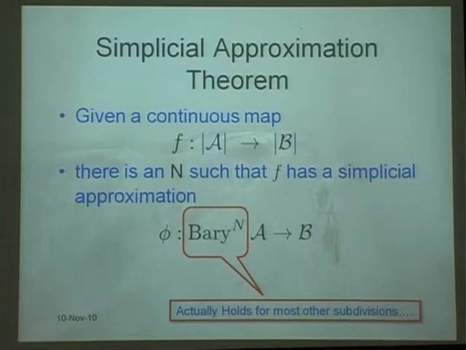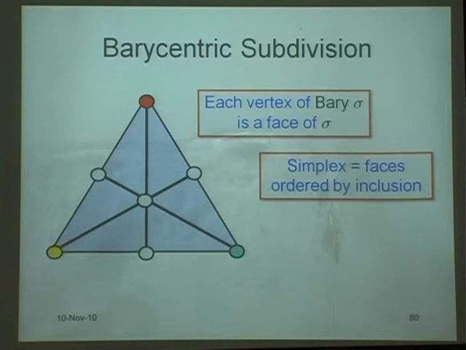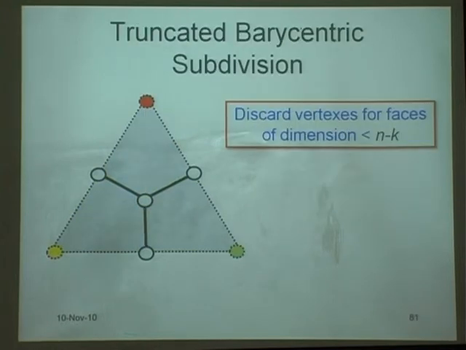So this is the notion of barycentric subdivision, which will come in useful. Remember, we defined barycentric subdivision so that each vertex is the barycenter of a face of the simplex. The simplexes are faces ordered by inclusion. I'm going to build a gadget out of this that will be useful for proving our lower bounds on k-set agreement, which is I'm going to take a scissors and start cutting off corners of the barycentric subdivision.